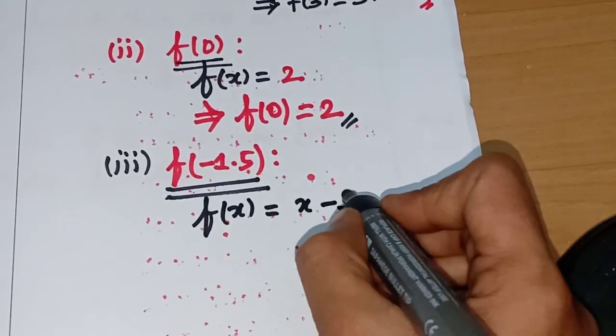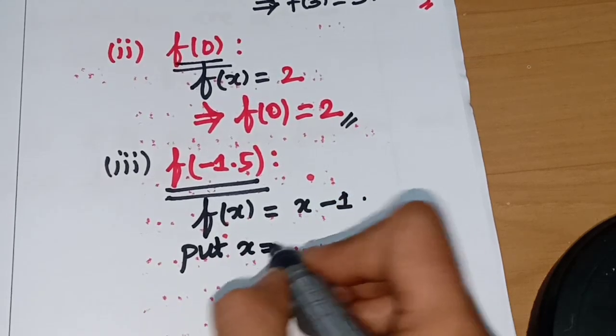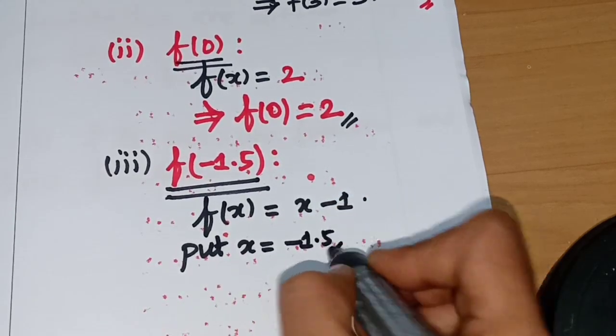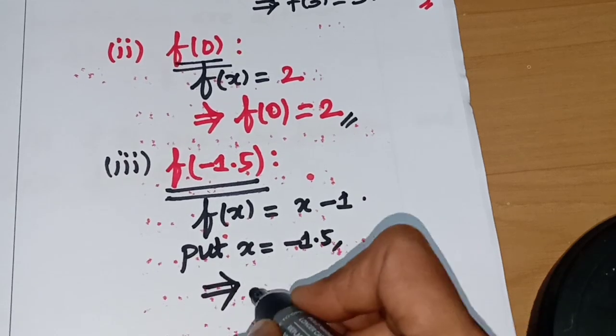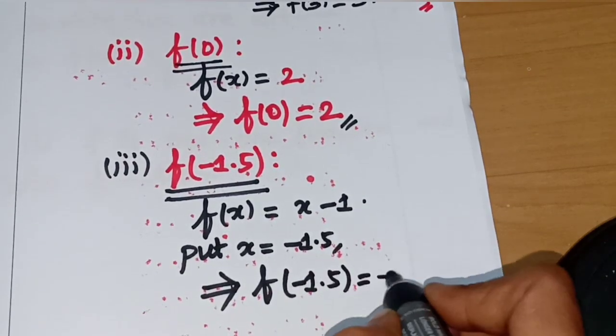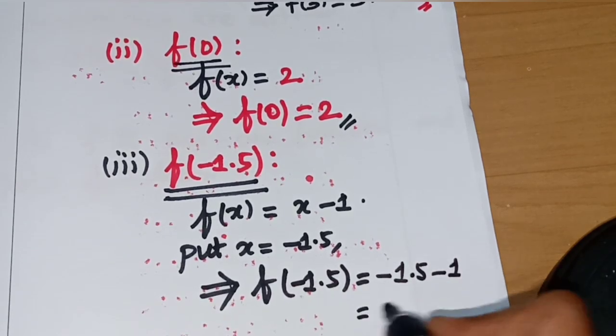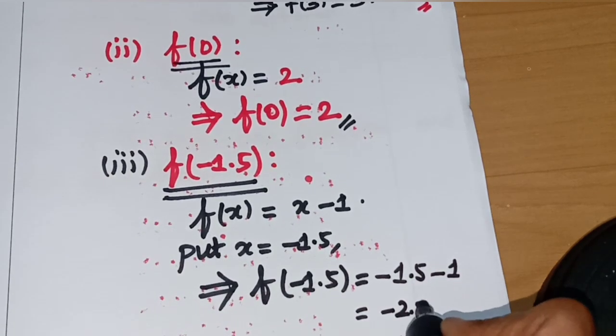Put x equal to minus 1.5 implies f of minus 1.5 equal to minus 1.5 minus 1 equal to minus 2.5.